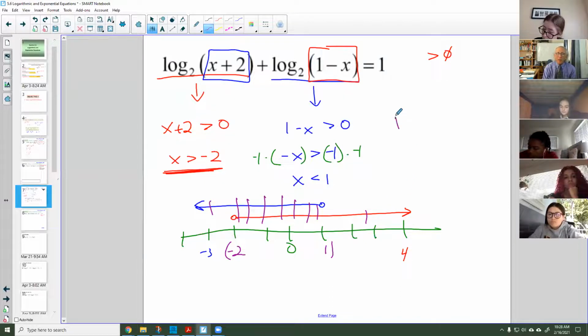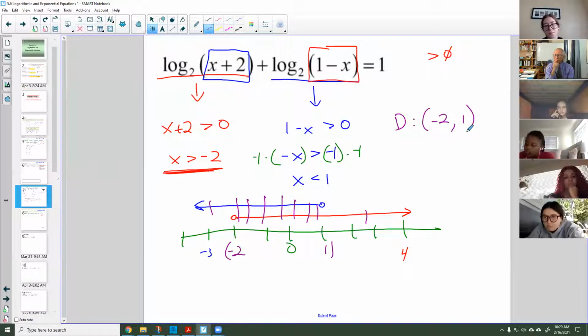So my domain of this problem is -2 to 1. So let me pause there and make sure everybody understands what I said. Ask me a question. Put it in the chat if you want, whatever.